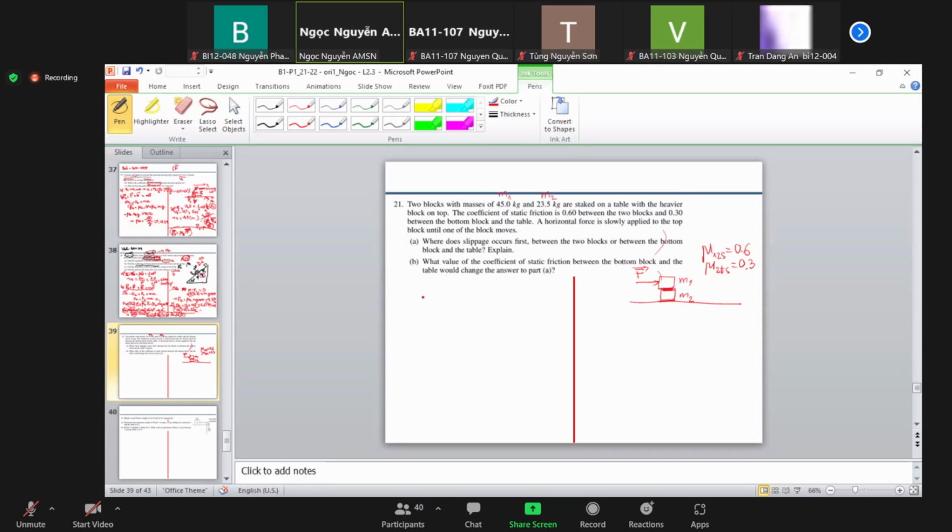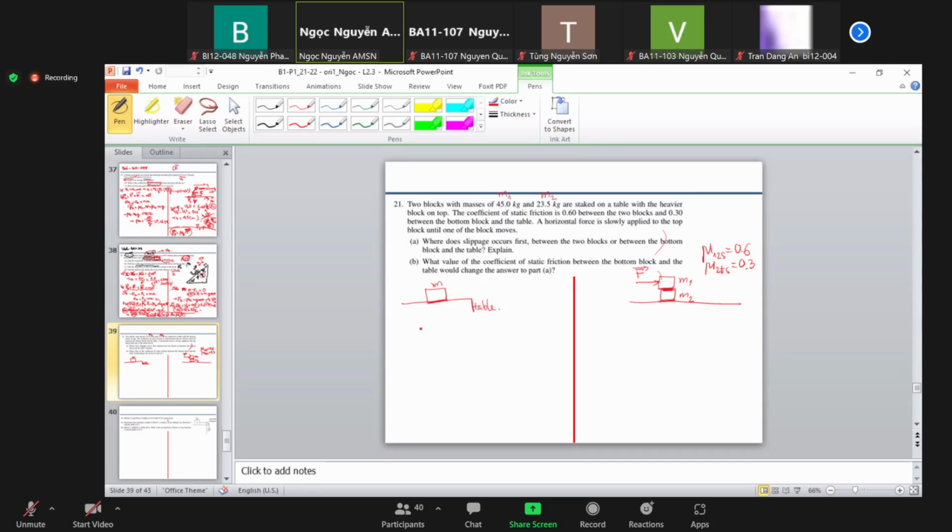Here I have a table, and I have another object on it. I call it M. Because we have an interface between M and the table, maybe we will have relative motion between them.